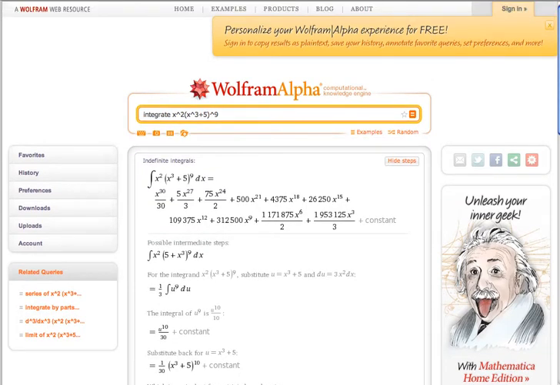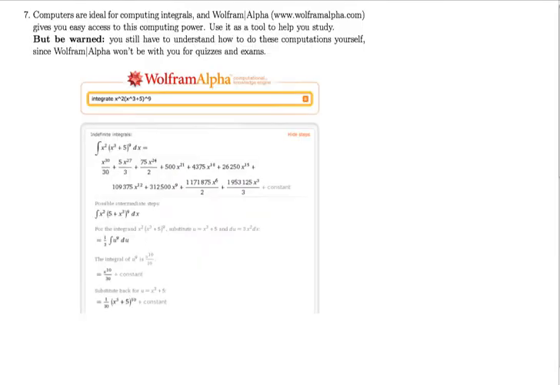So computer algebra systems, for the most part, have the ability to compute these integrals. It's best that we be warned that you still need to understand how to do these computations yourself. For one, Wolfram Alpha won't be around during assessments, but also the point of this course is to learn the techniques behind integration, because as we'll see later on, we can find very simple integrals, very simple in the sense that they are created from our elementary functions, that Wolfram Alpha won't be able to answer.